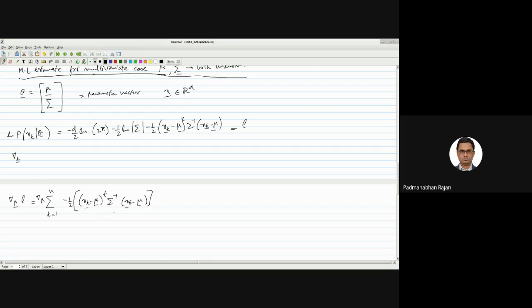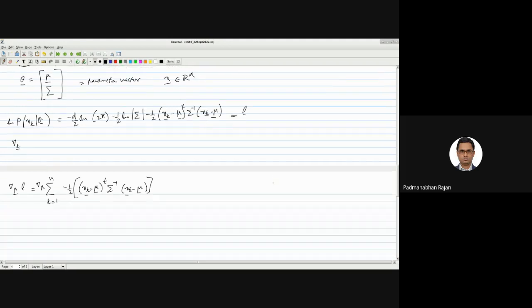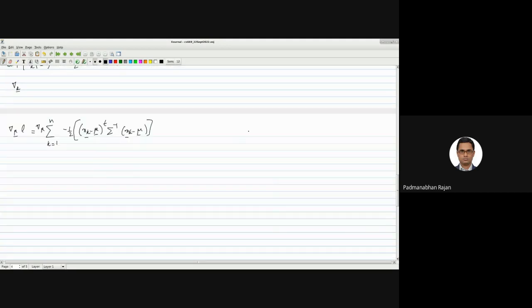So now we have to use what we used last time. If you remember, last time we had used the derivatives. Let me just write that again here. Use matrix derivatives.